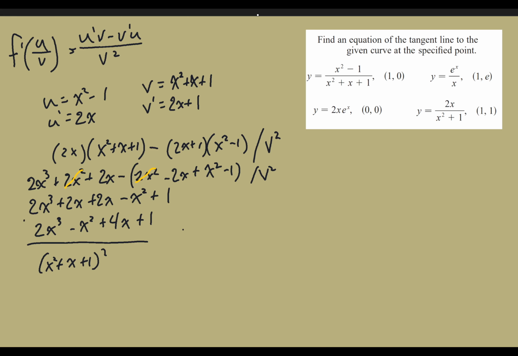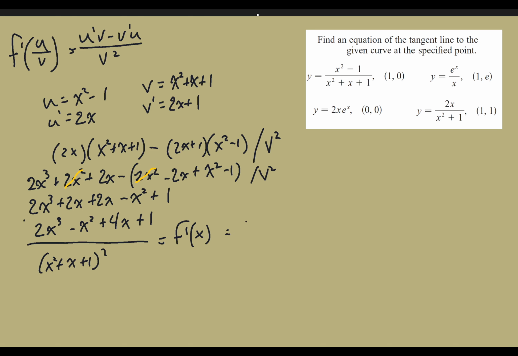And we want to set this to the tangent line of a curve at a given point. So we need to plug in our x value, which is 1, to find f prime. And that'll give us the slope of the line.